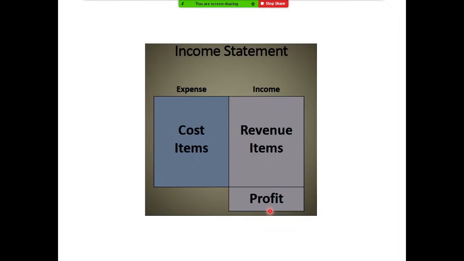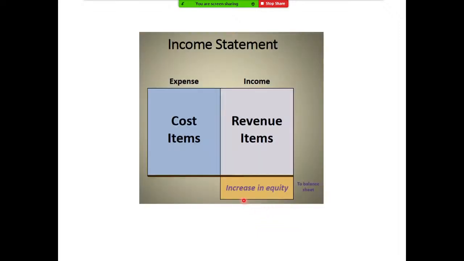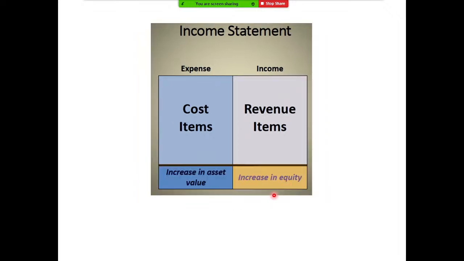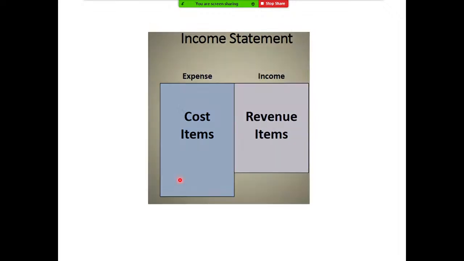So this is profit, and this profit increases equity. The profit belongs to the shareholders, the owners. So it's an increase in equity, and it may be in the form of cash. Then it equates, right, to an increase in asset value.